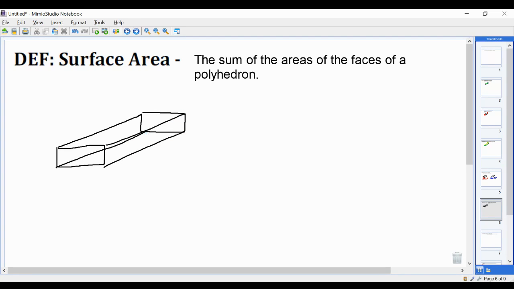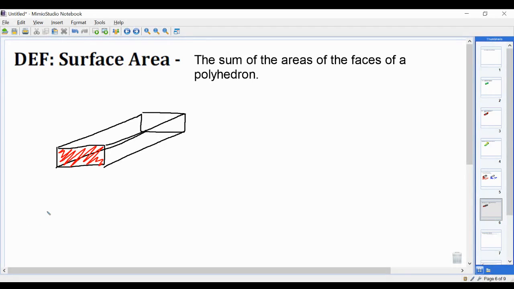Here we've got my best rectangular prism. And each one of the sides has its own area. So let's start with just this area of this shape right here in front. That's one of the bases of this rectangular prism.